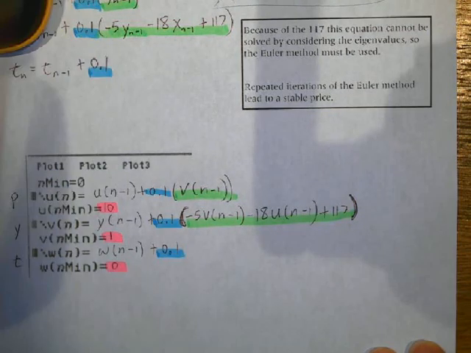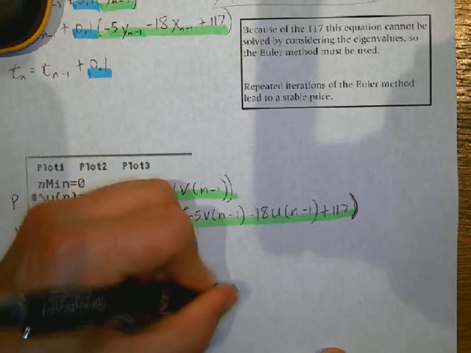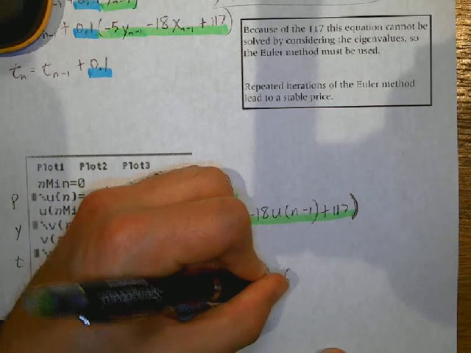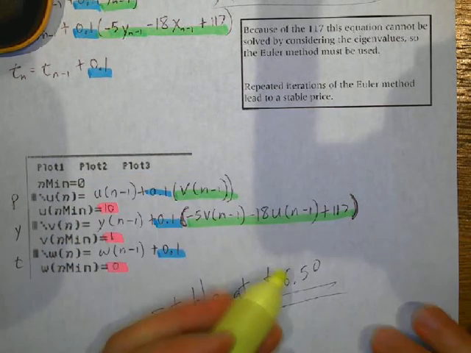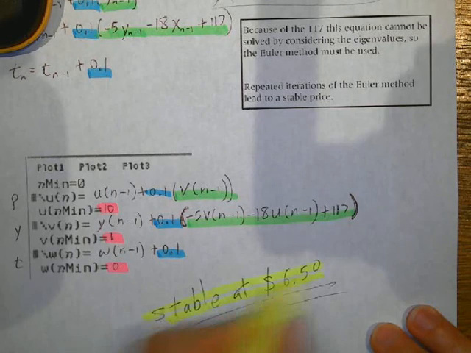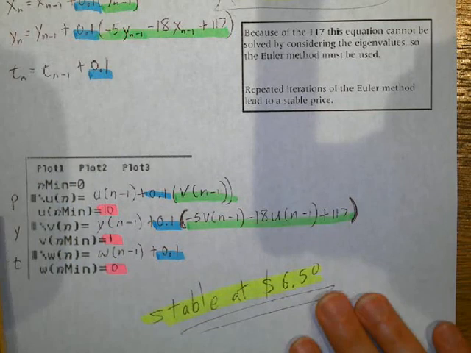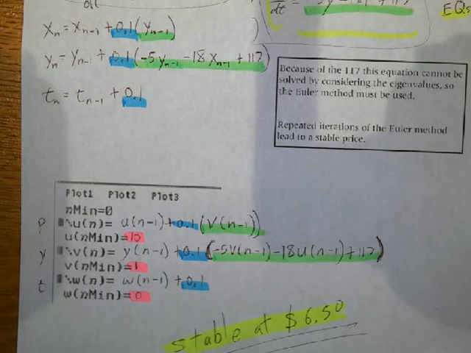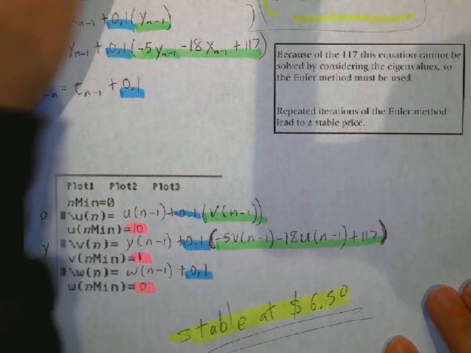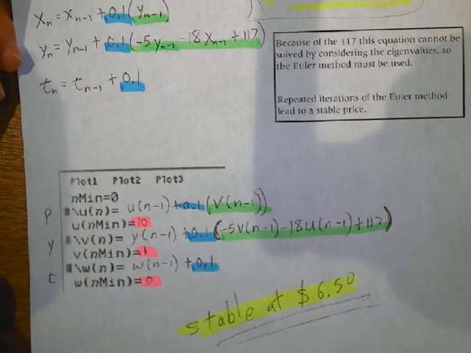So it is stable at $6.50. And so that's the long-term stable price. Now, all the other examples I put in the assignment did not stabilize at a particular value, so there's something special about this problem where it stabilizes. So there you go.